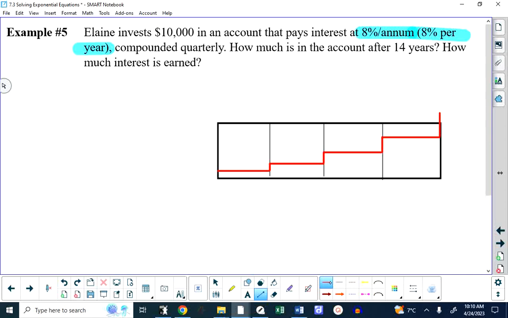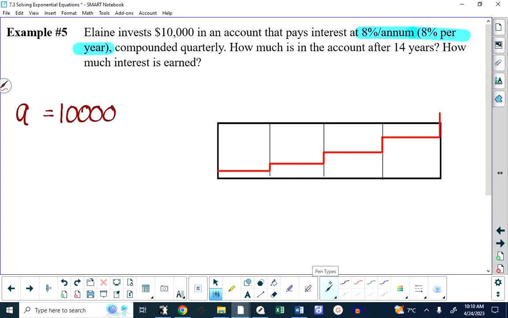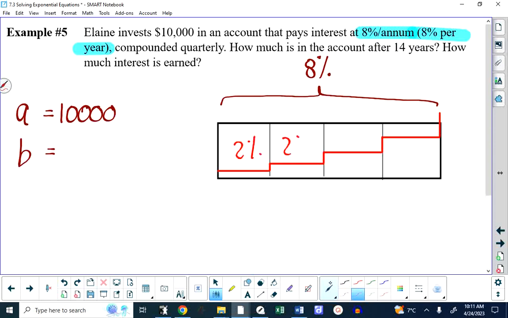And what that means is even though A is still 10,000, B is not 8%. This whole sum of percents, and again, the math is not well thought out in the financial community, is going to be more than 8% because what's actually happening is you're getting 2% here, 2% here, 2% here, 2% here.